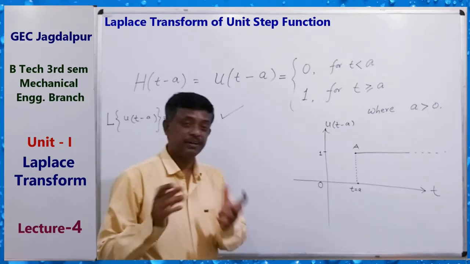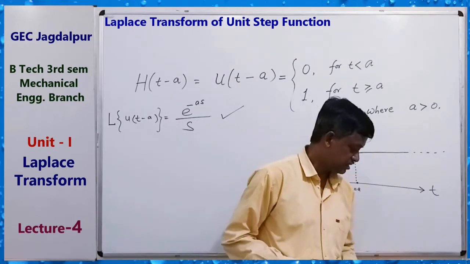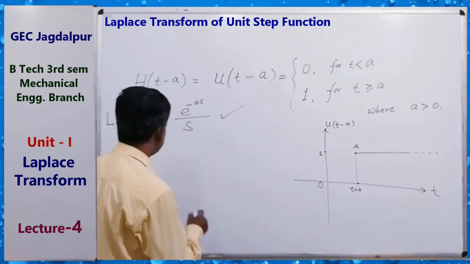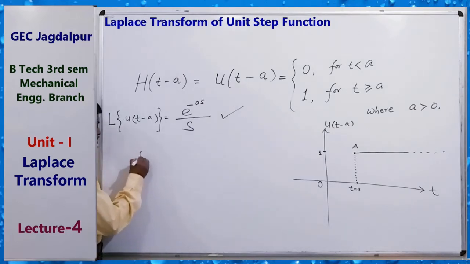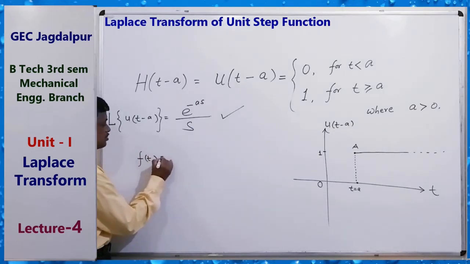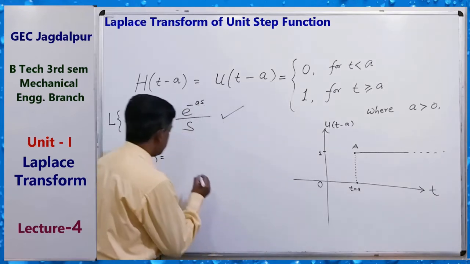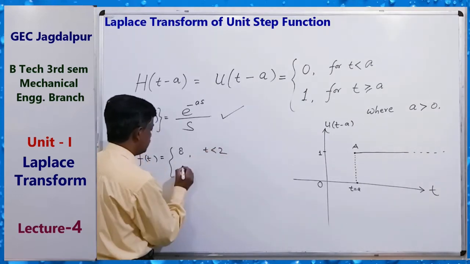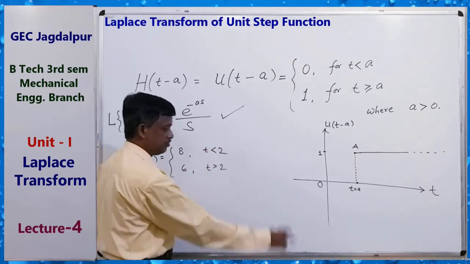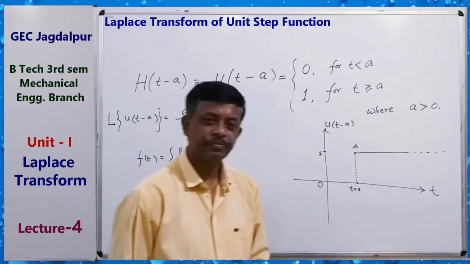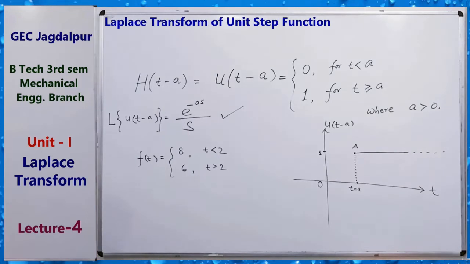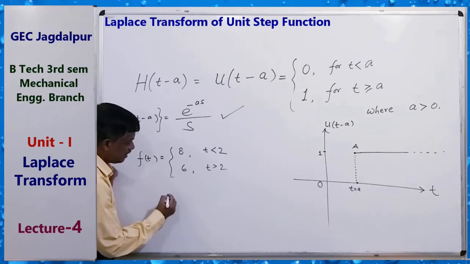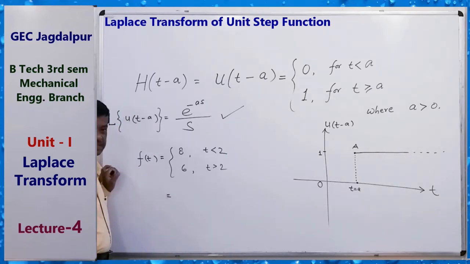Now we can express a function in terms of unit step functions. For example, suppose we are given a function f(t) equals 8 for t less than 2, and 6 for t greater than 2. How can we represent this with the unit step function?